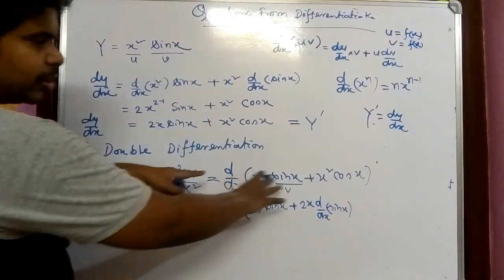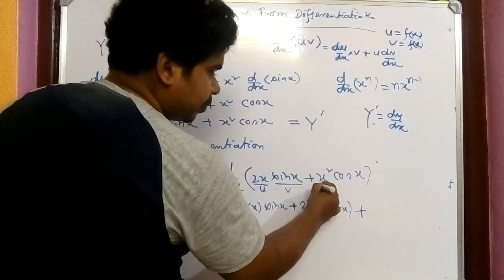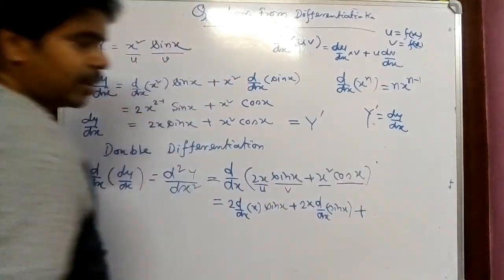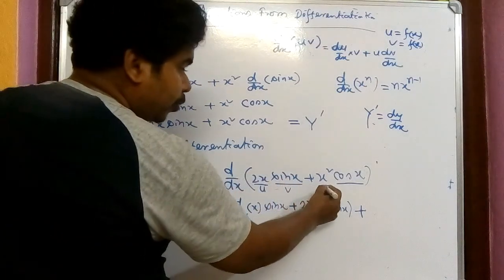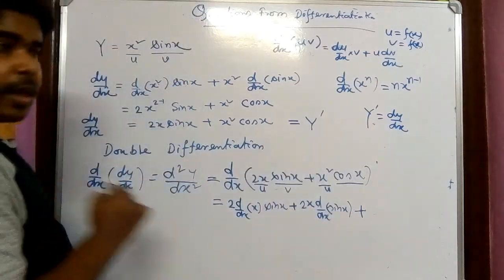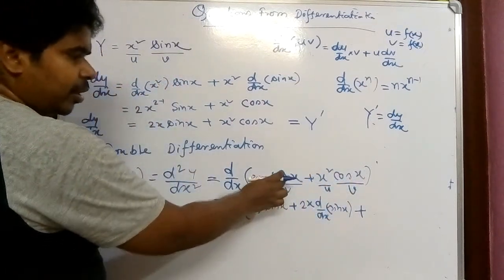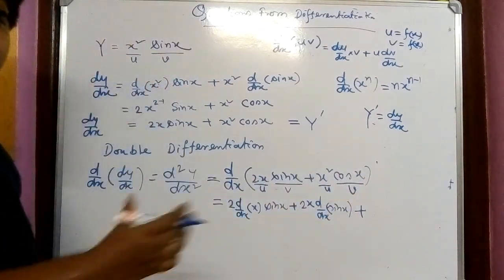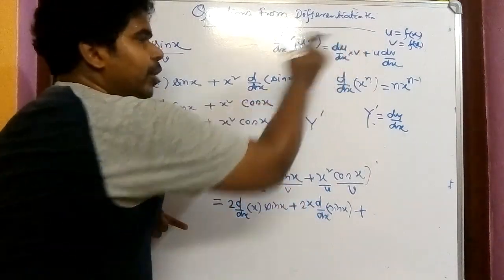So the first function is over. Now we come to the second function, x square cos x. Here also we take this one as u and this one as v. You see the product uv, it's a product, so we will differentiate it like the previous formula.